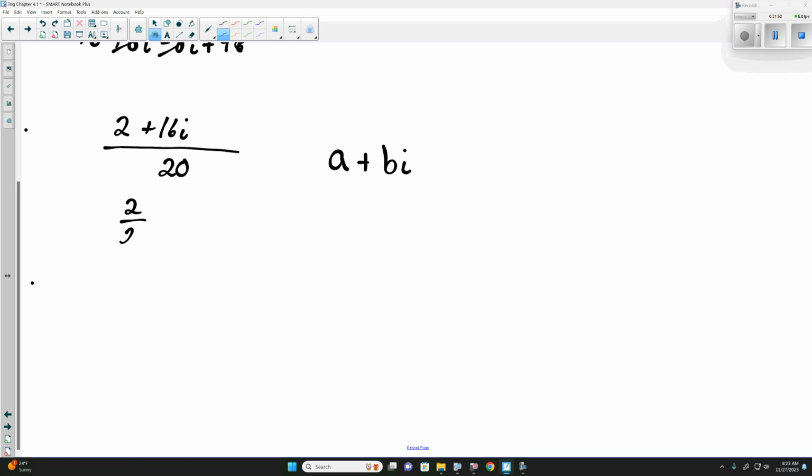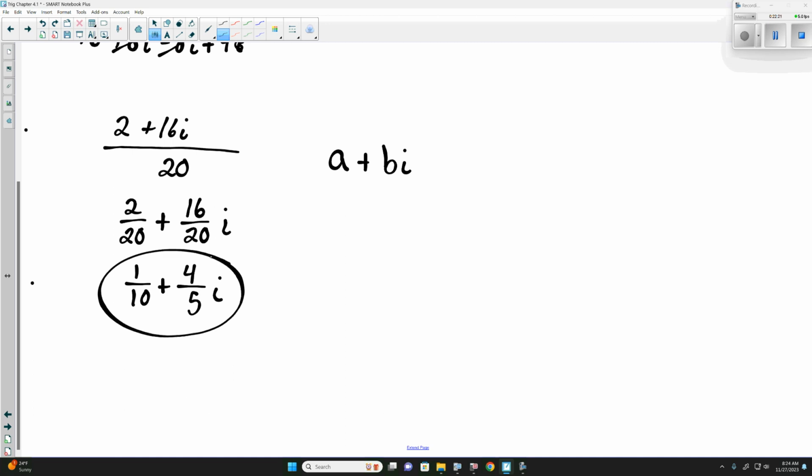So it tells us that we have 2/20ths plus 16/20ths i. 2/20ths would reduce because they both have a common factor, which would give 1 over 10. 16 and 20 have a common factor of 4, which would reduce 16 to 4, 20 to 5, i, which is exactly what the calculator told us.